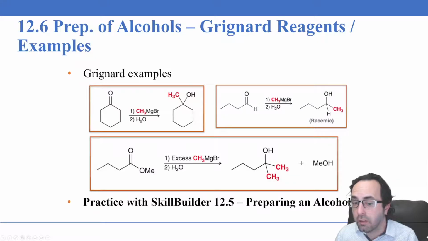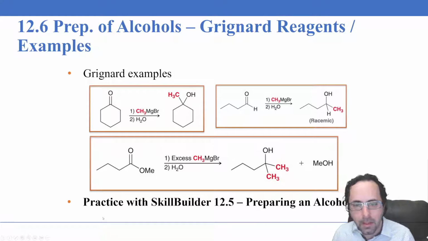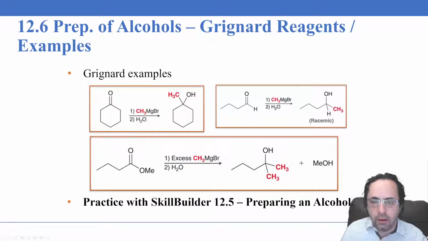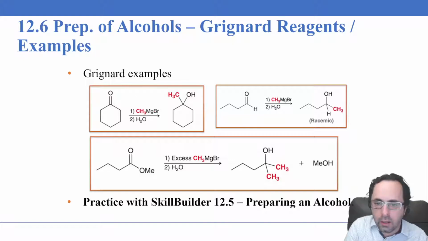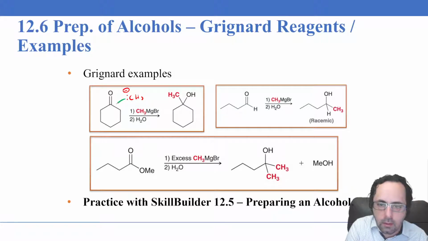So here's a couple of examples of Grignard reactions. Again, the dead giveaway is you have an alcohol with more carbon atoms than what you started with, right? So here we're starting with 6 carbon atoms. We've got the Grignard. Remember, this is the carbanion. So effectively, it's going to be the CH3 minus, like this, and that's going to attack right in there.